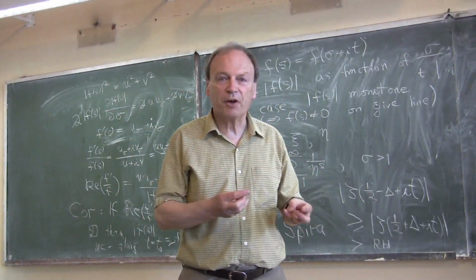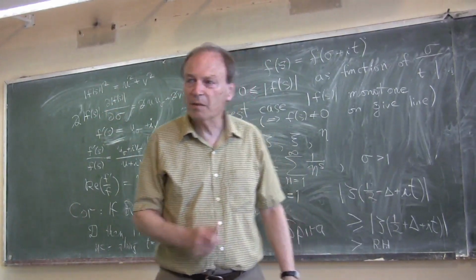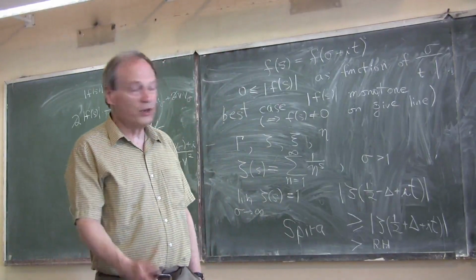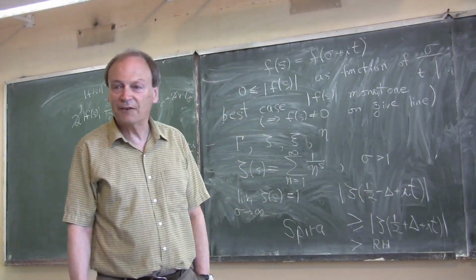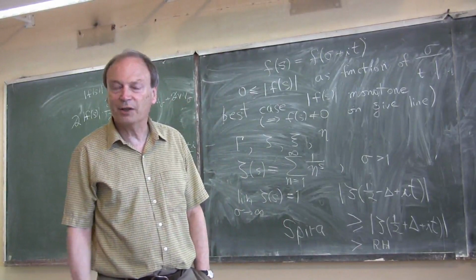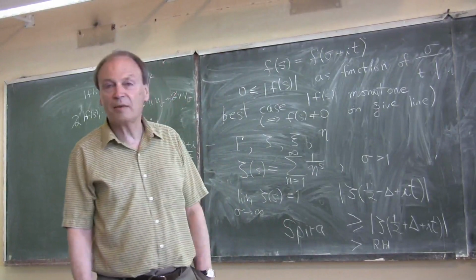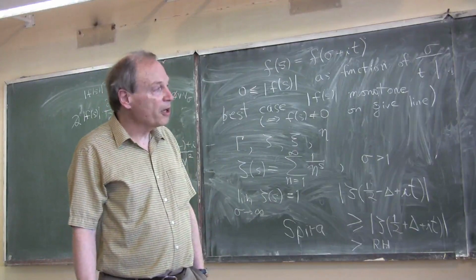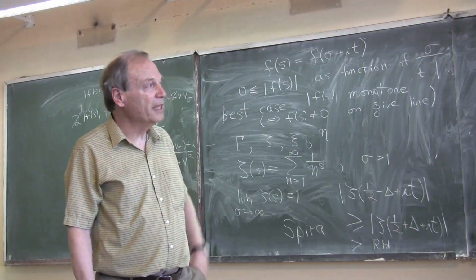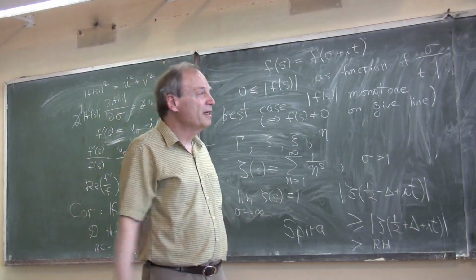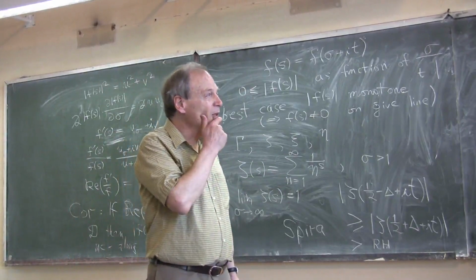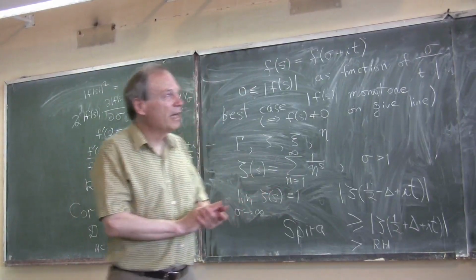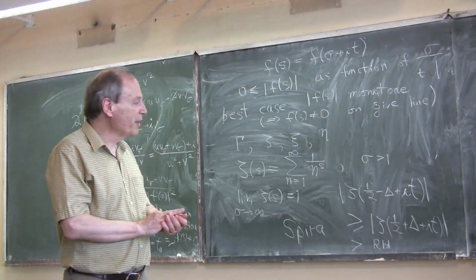This was one approach to proving the prime number theorem, and it eventually succeeded. By 1895, people knew more than what Riemann knew, and they were able to prove the prime number theorem. That is Hadamard and de la Vallée-Poussin, who independently in 1895 succeeded in proving it.